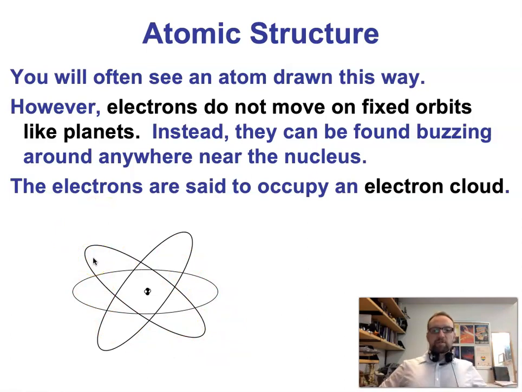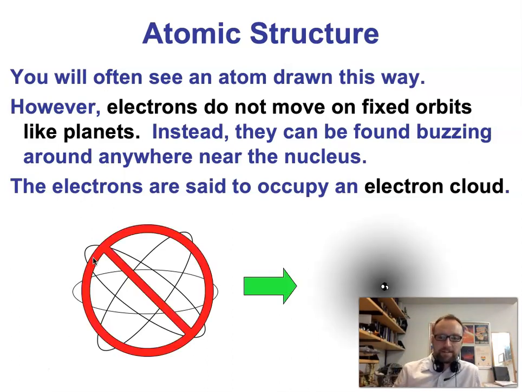This is usually the way that we draw it, but that's pretty much nonsense. Electrons are way too small, they're moving way too fast.